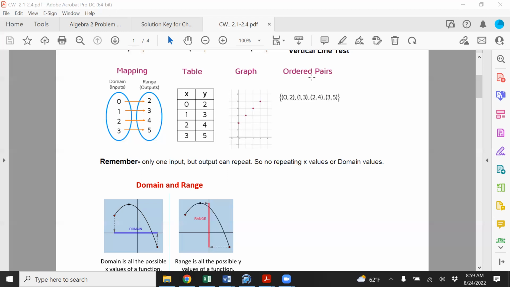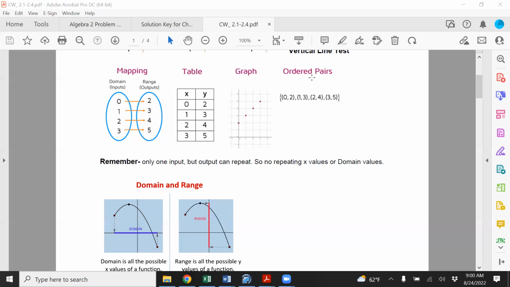So anyway, only one. Right? Now this would not be okay. Also, you see the problem with this? Theta 0 has 2 outputs. That's not okay. Or if you had this here, that would not be okay. You got these 2 dots here that are right above each other. One's right above the other, so that's not okay.